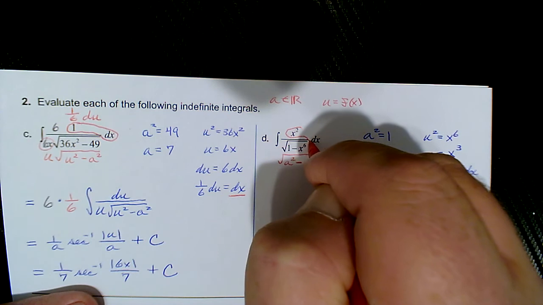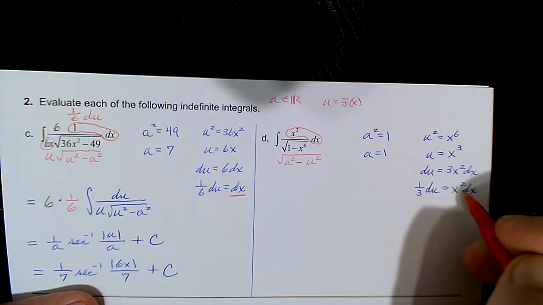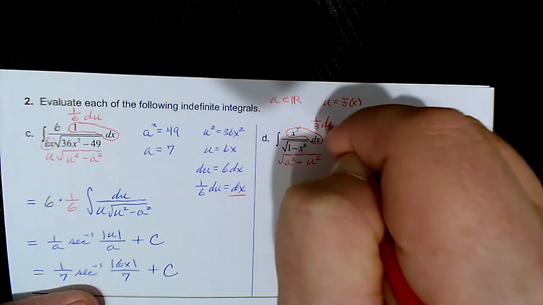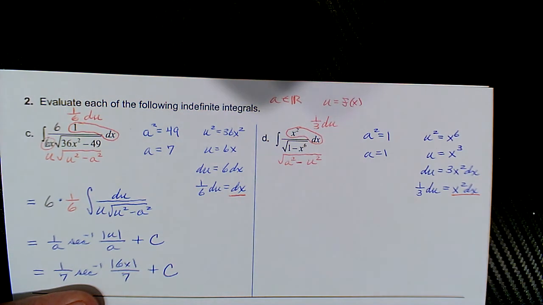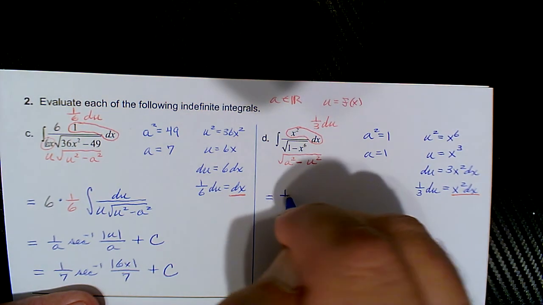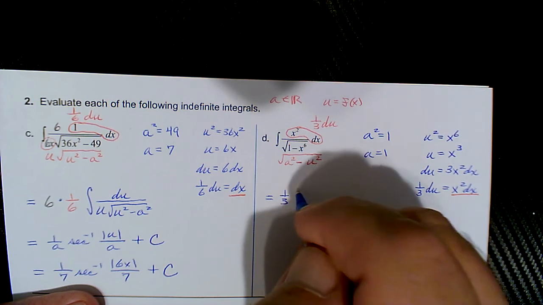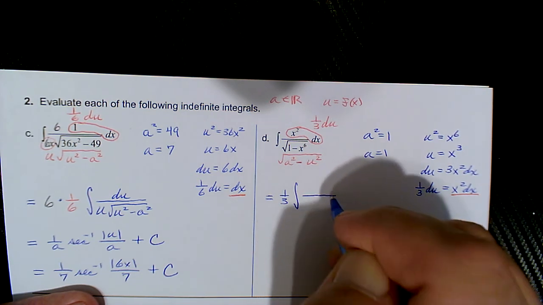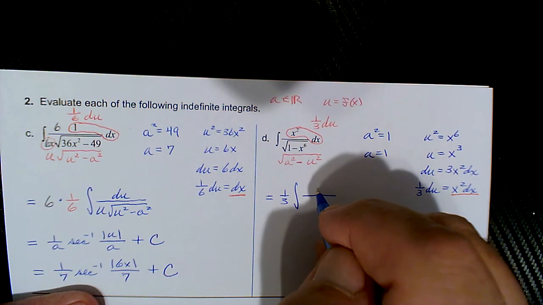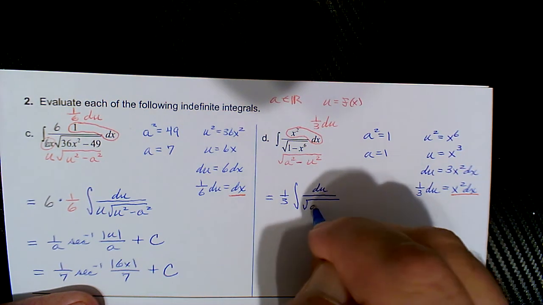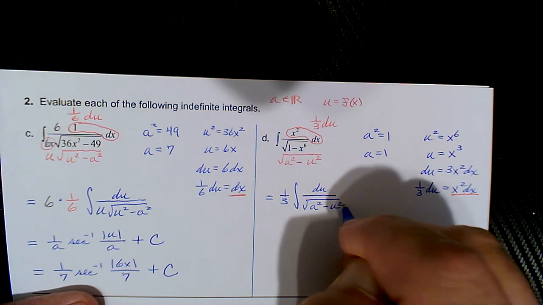If we look at what's left in the numerator, we see x squared dx, compare it to our du, and it's a match, just modified by the 1/3. So we're ready for a change of variables. We'll bring out the 1/3 because everything is accounted for, notice. And upon change of variables, we have 1/3 integral of du over square root of a squared minus u squared.